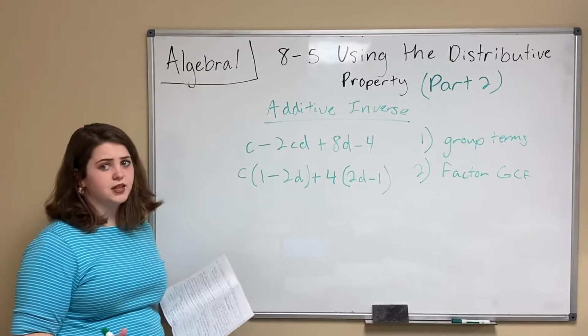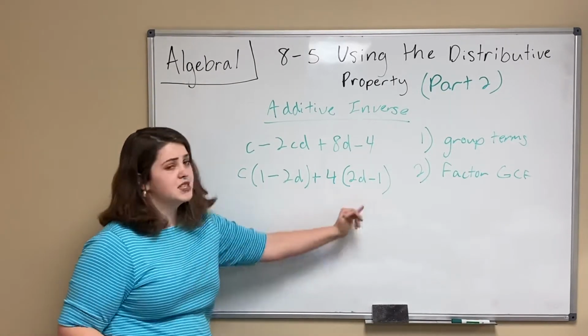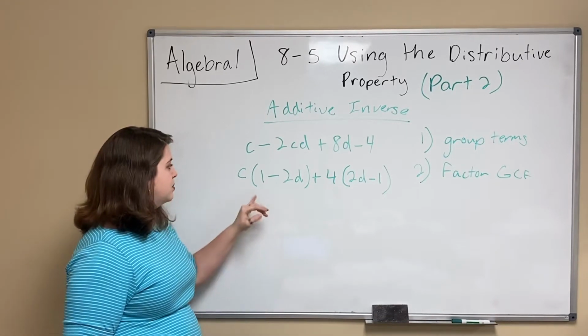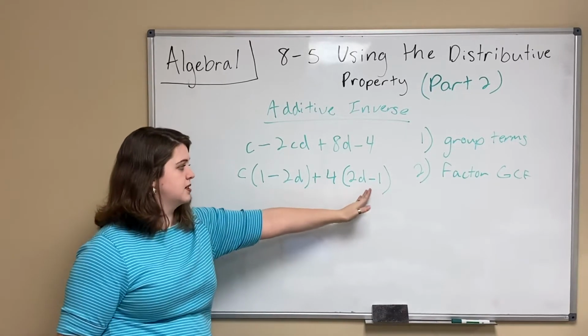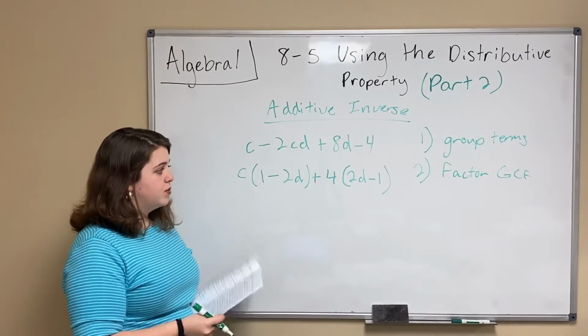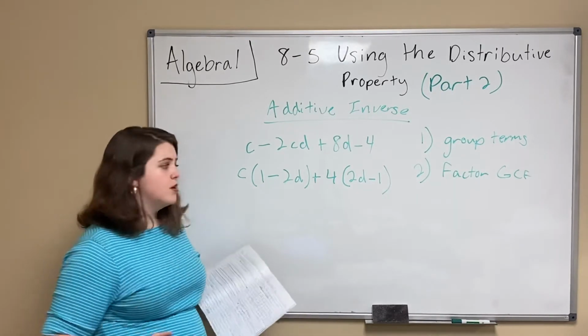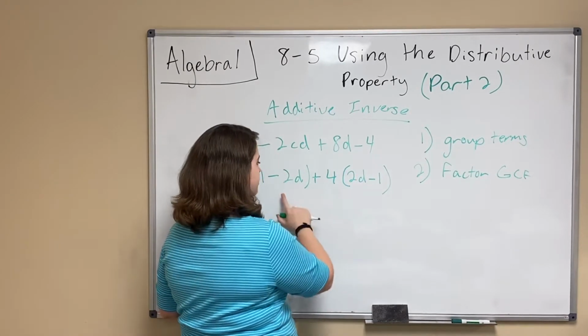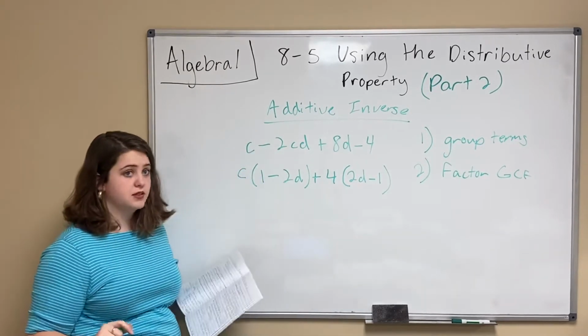All right, so looking at this, what's inside the parentheses is not the same, so we can't just combine it like we did before, because 1 minus 2d isn't exactly the same as 2d minus 1. So before we can move forward, we have to make sure that what's inside these parentheses matches what's inside these parentheses.